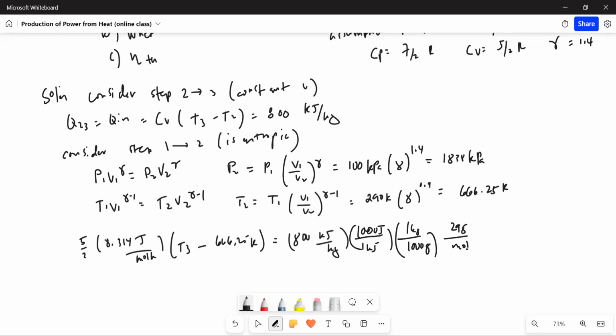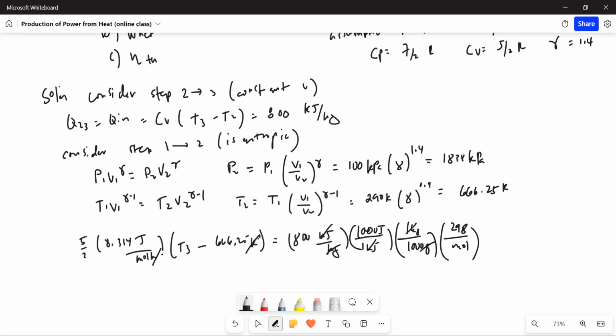Okay, so the unit will become joules per mole. So we're now consistent with the left hand terms.